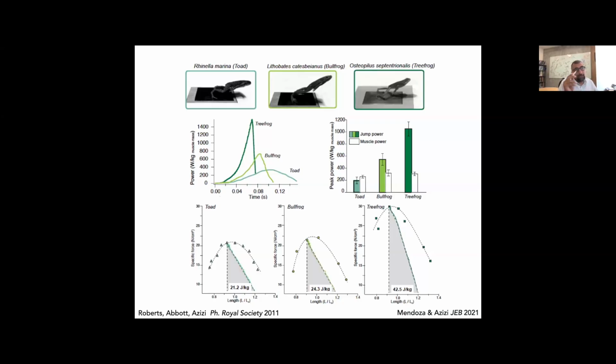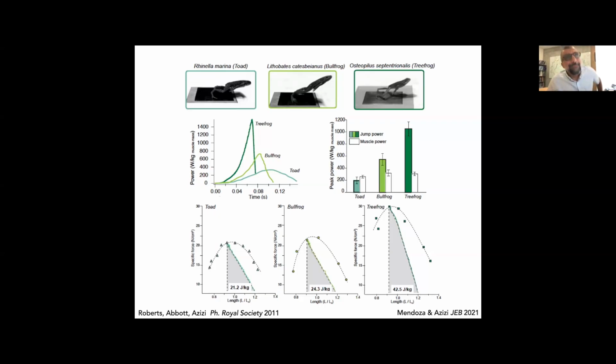So here what we see is that tree frogs have evolved higher force capacity through changes in the structural properties of their muscles and are operating with stiffer tendons in order to increase the amount of mechanical energy that they can store in their tendons during a jump. So this mismatch, this idea that the tendons and muscles have to match really does provide some level of explanation for the variation in jumping performance that we see across three species.